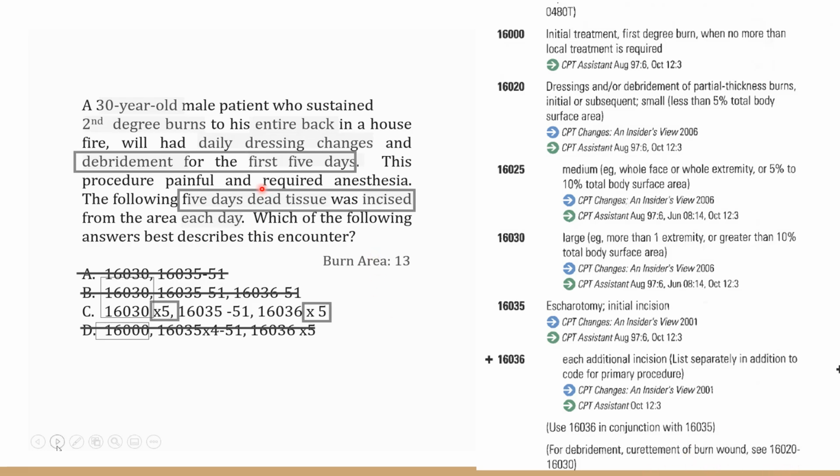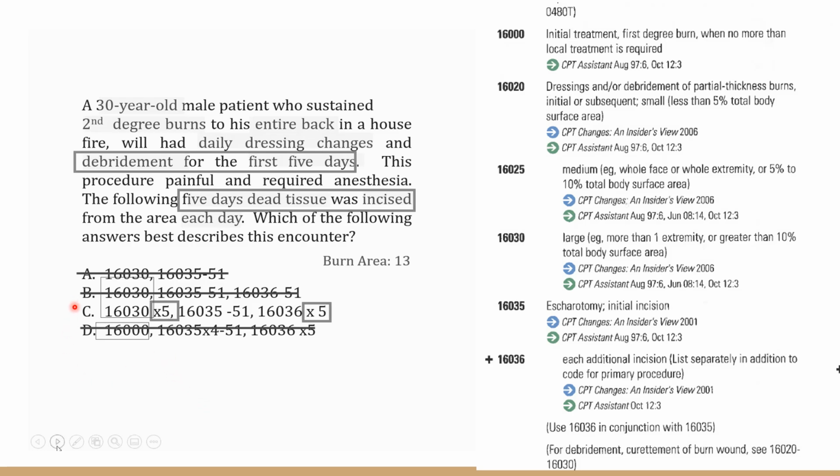So the debridement and curettage that happened, we have covered, and now for the dead tissue removal we will require code 16035, but it is for the first day incision, and following every day you will have to take a new incision. Now why is this not the correct code? Because 16035 times 4 is not correct. 16035 talks only about the initial incision, but the remaining 4 incisions it doesn't cover.